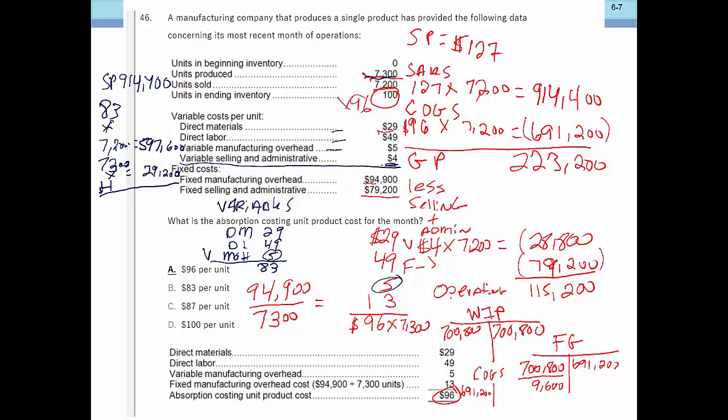And then I have my fixed selling. And the fixed selling is going to be what? Okay, good. And so when I subtract off my fixed costs, I get what now?